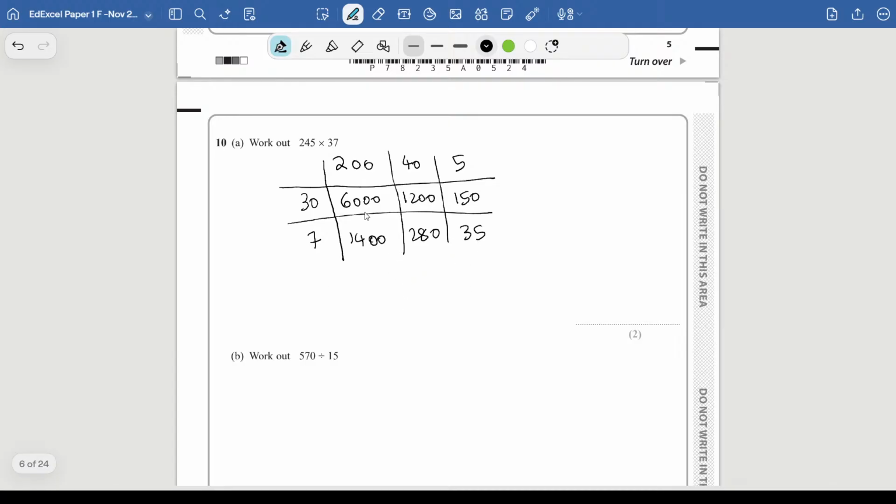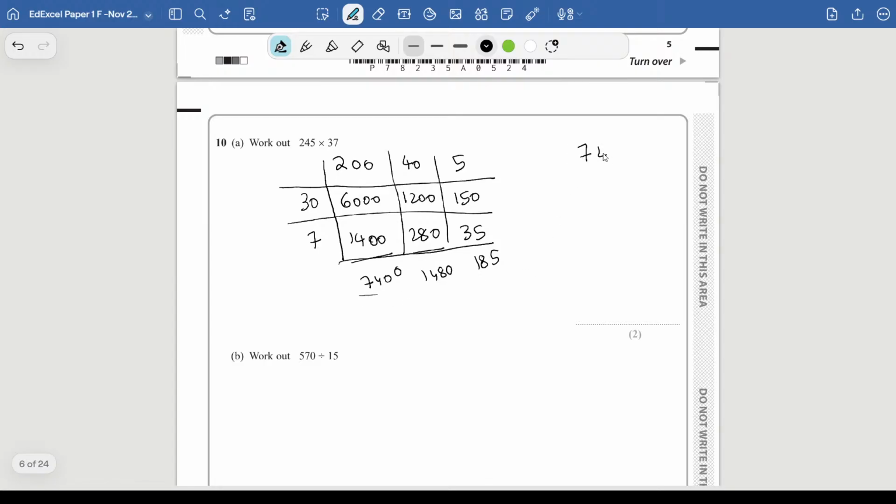And then I can add all these. So the sum of these two will be 7,400, and then the next 1,480 and 185. And then the final will be, you need to add them all to get the final total.